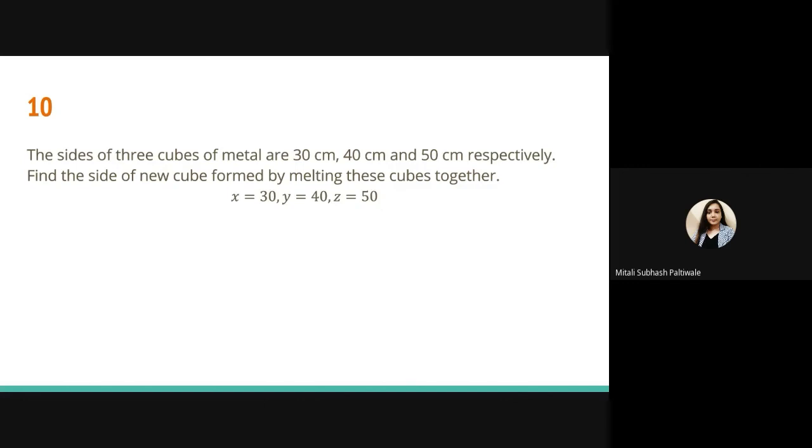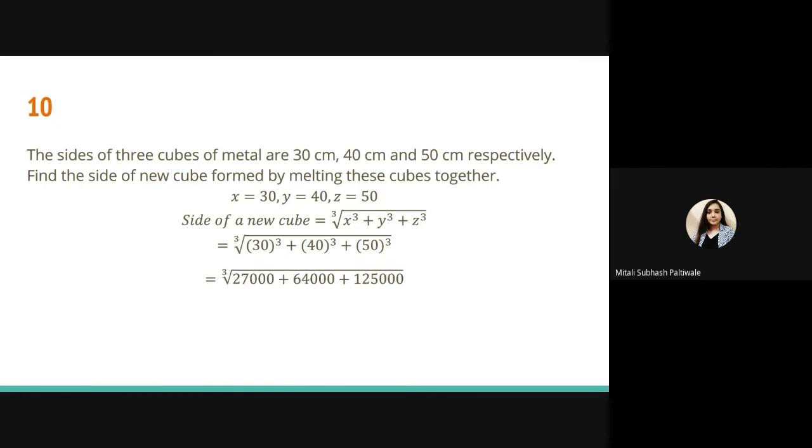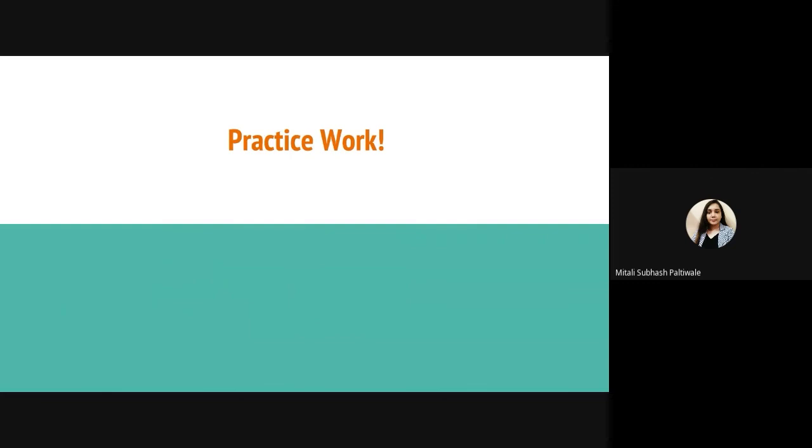The formula here will become the cube root of x cube plus y cube plus z cube. After solving this equation, I have got the cube root of 216000, which is nothing but 60 centimeter, and that is the only thing.